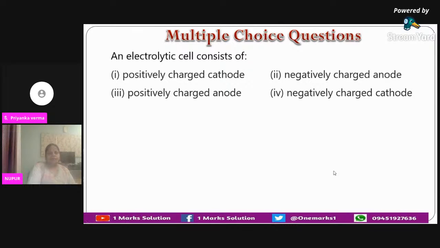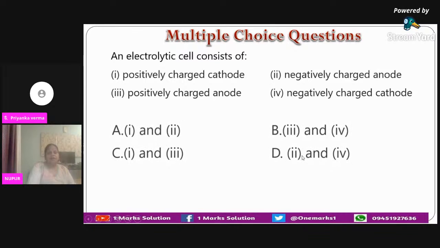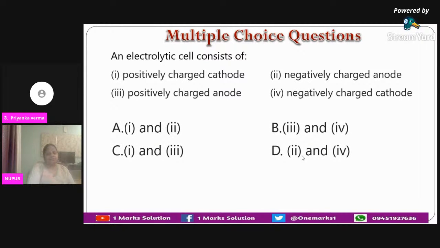Now, what is an electrolytic cell containing? Because you can be asked to name the parts of an electrolytic cell. So, here are the choices given to you. Whether it is 1 and 2, that means positively charged cathode and negatively charged anode, or it is 3 and 4, that is positively charged anode and negatively charged cathode, or it is 1 and 3, the cathode is positively charged and anode is also positively charged.